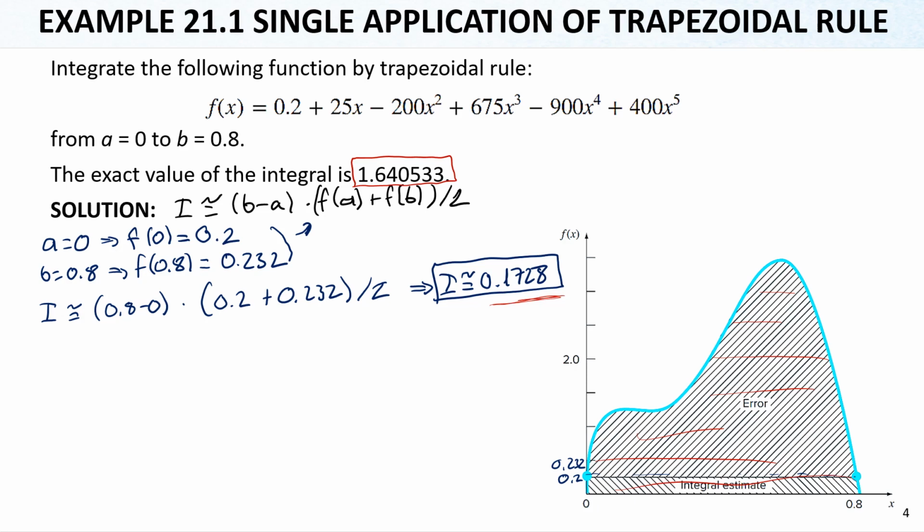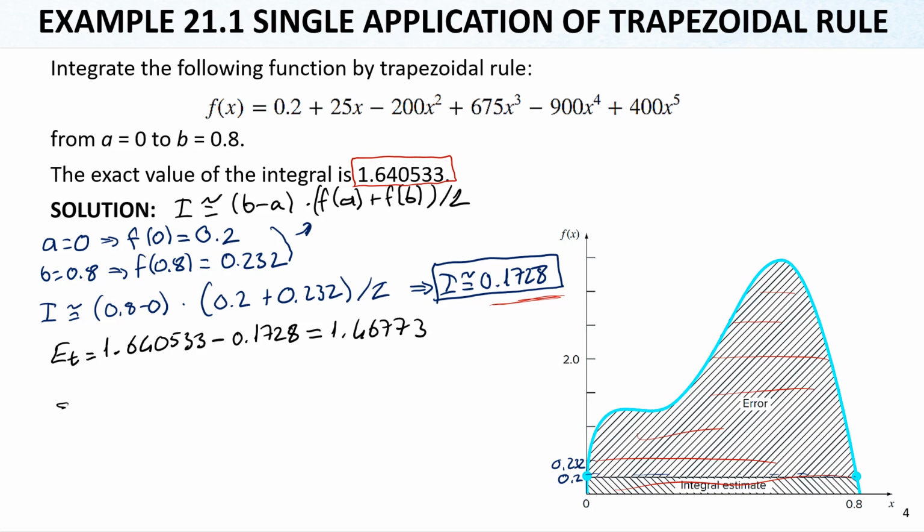So we can calculate the error, capital ET. This capital ET is calculated by subtracting the approximated value from the actual true value. And the result is 1.46773.